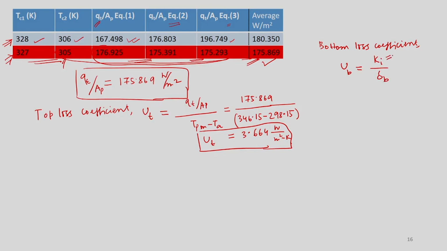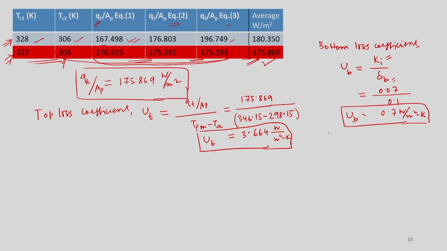Ki is the conductivity of the insulation and delta B is the thickness. So, this value is 0.07 in this problem, and delta B is given as 0.1 meter. So, it will be 0.7 watt per meter square Kelvin. So, UB also we have calculated now.